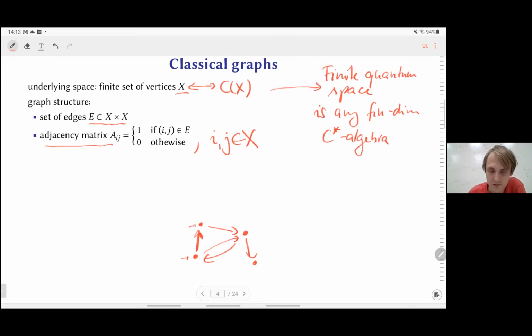So if we drop the commutativity condition, we have finite quantum spaces. Okay, and now the more interesting part is how to quantize either this condition or this condition. We can choose what approach we take, and this will define a quantum graph.